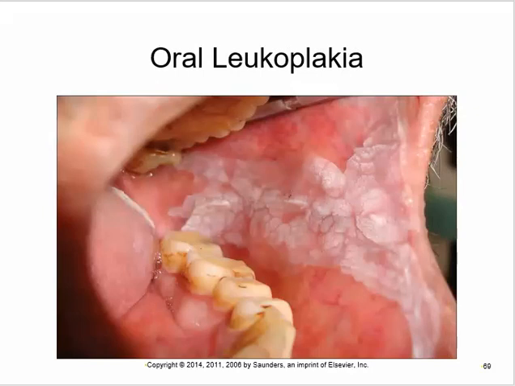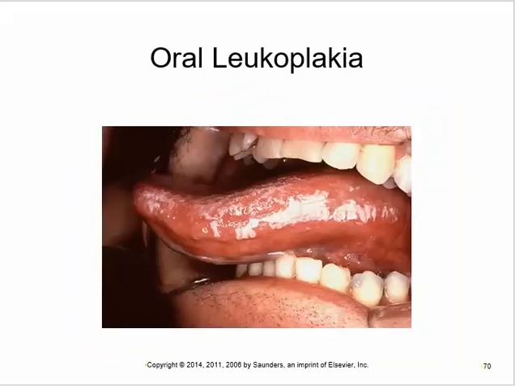So you will notice that not only is the leukoplakia here, but there's a fair amount of plaque on the teeth, and oral hygiene doesn't look the best with this person. Here it is on the side of the tongue.